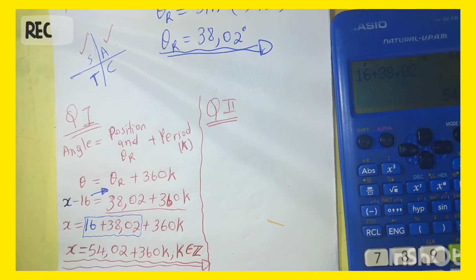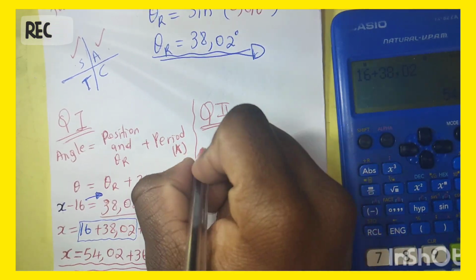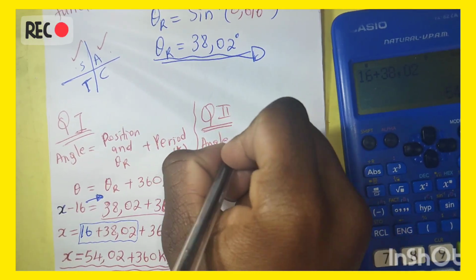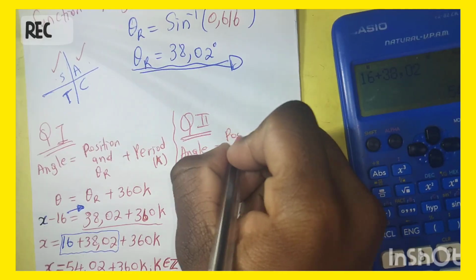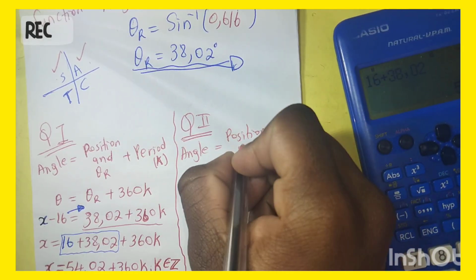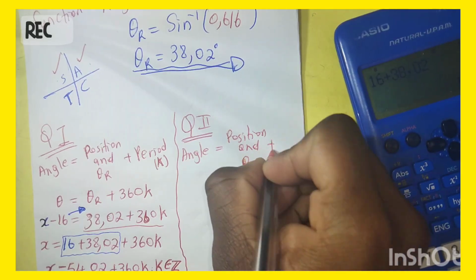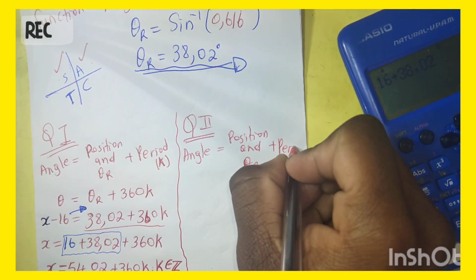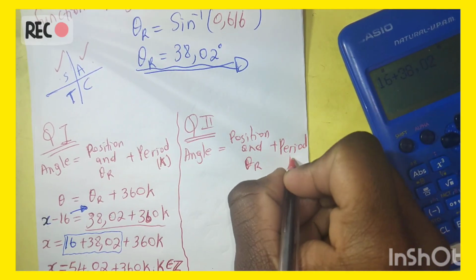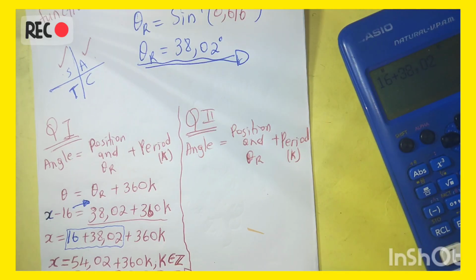For the second quadrant, guys, we know that the angle must be equal to the position and reference angle, plus the period. Period k should go with k. Do you see?